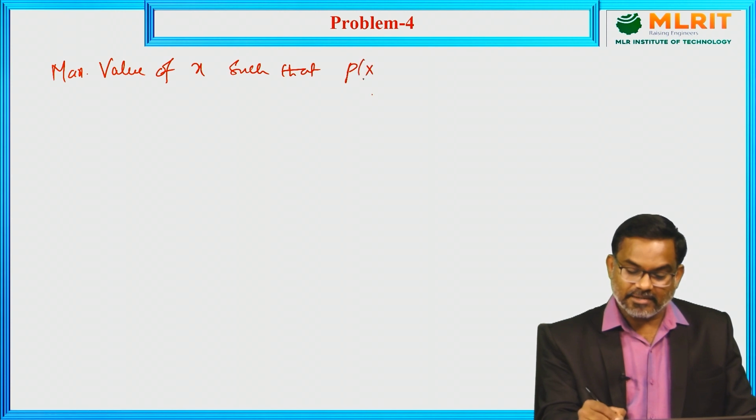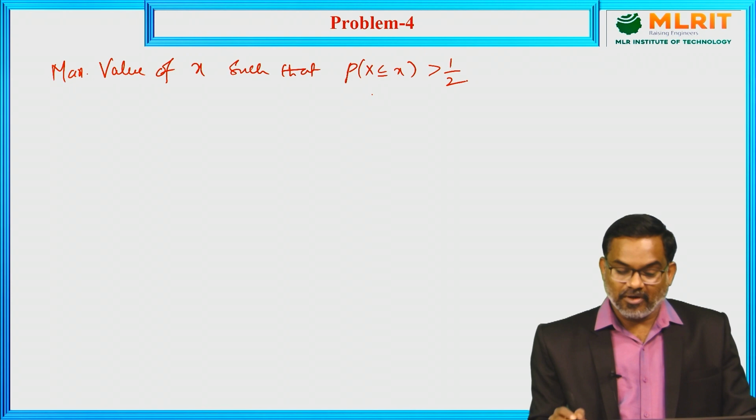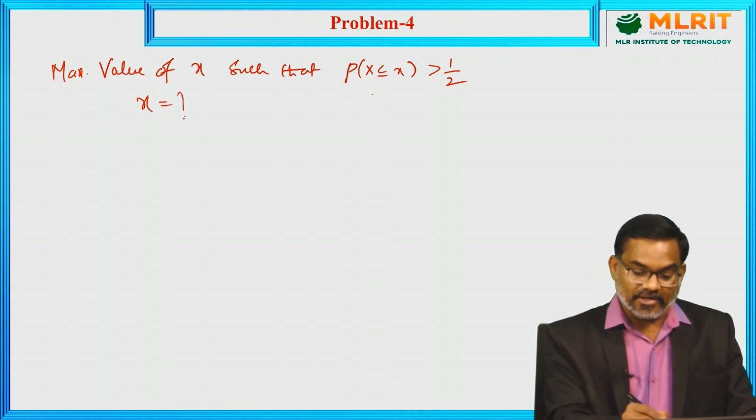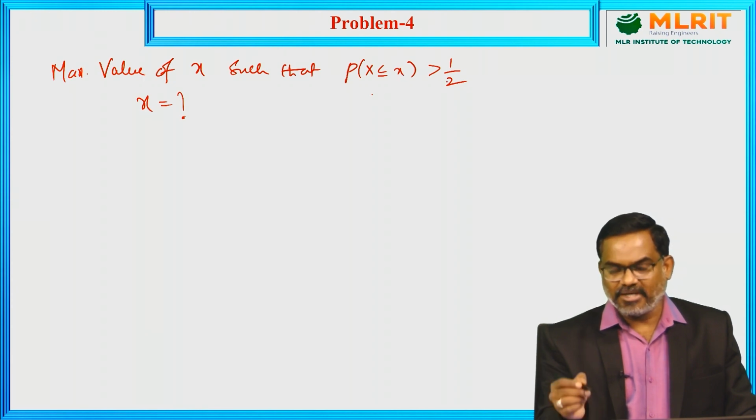So, we need to find the value of small x, which must be the maximum value, and the probability of X less than or equal to that particular point must be greater than 1 by 2.